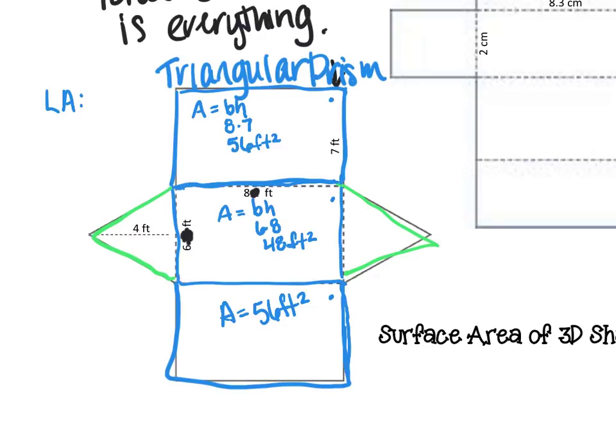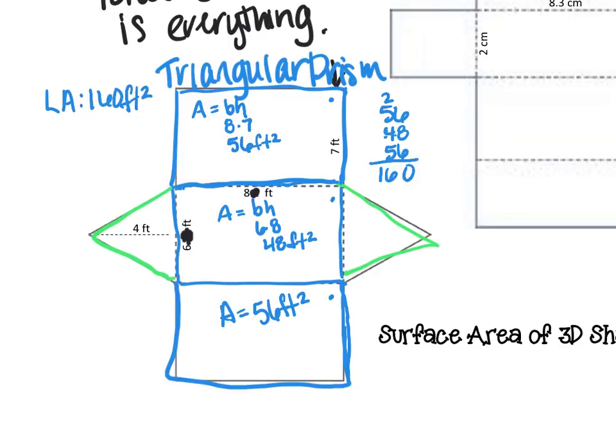So if we have all 3 of these pieces, that's going to make up our lateral surface area. So we add those pieces together. We say 56 plus 48 plus 56. And I got 160 feet squared. Remember, area is always squared.